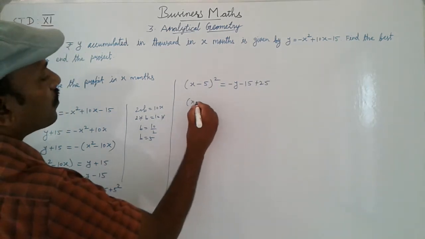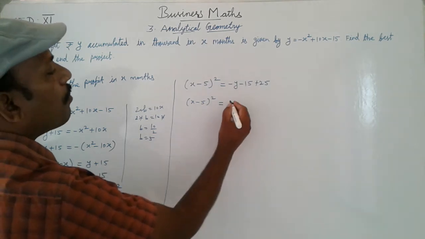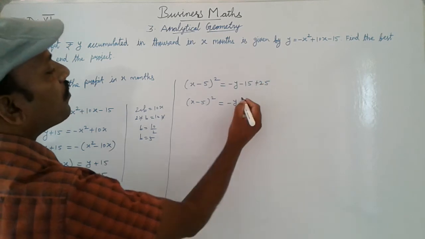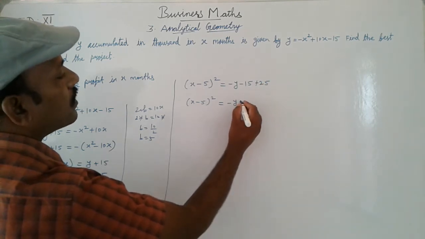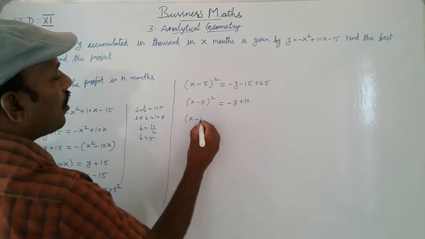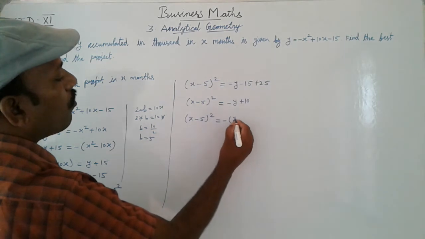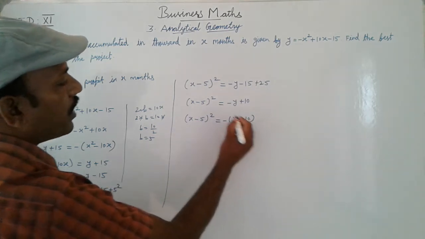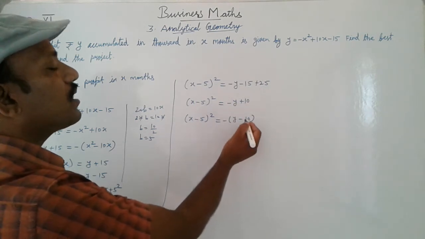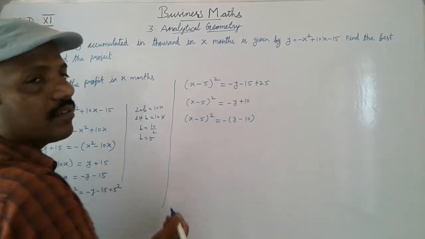So x minus 5 whole square equal to minus y plus 10. Taking minus common, x minus 5 whole square equal to minus of y minus 10.